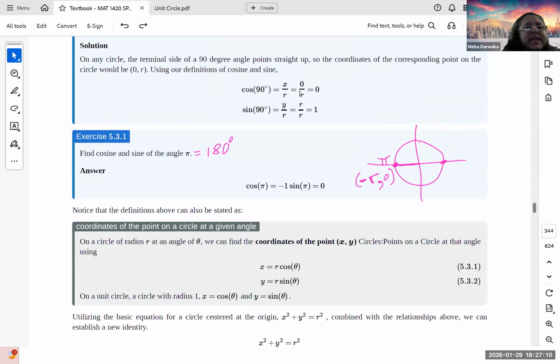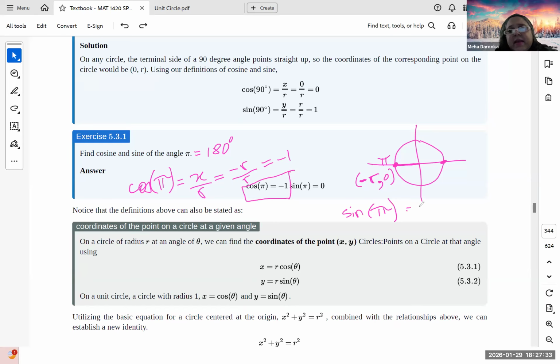So using those same definitions, your cosine of pi will be x over r. As you can see, x will be defined as negative r. So when you do negative r divided by r, you get negative 1. And then for the sine function, for sine of pi, we would be doing y over r.